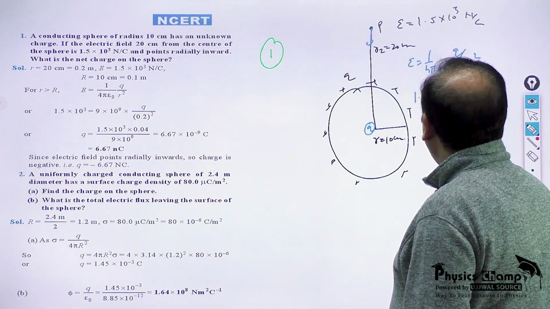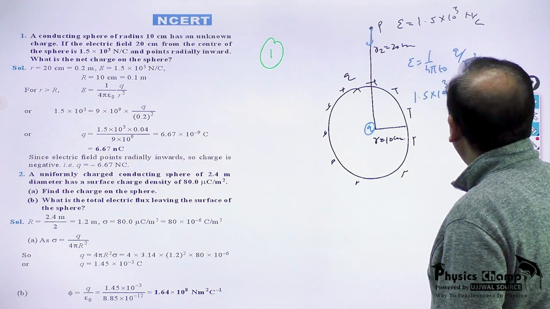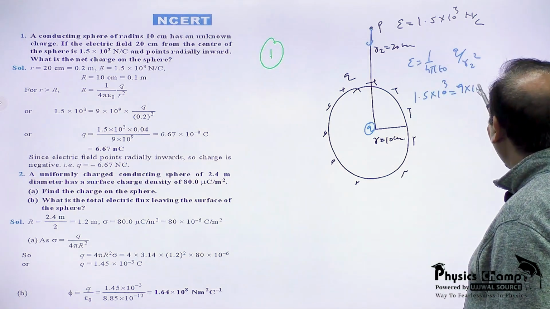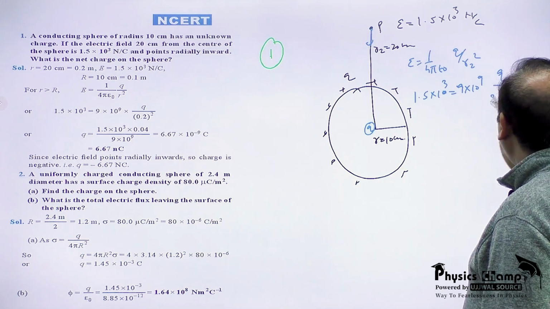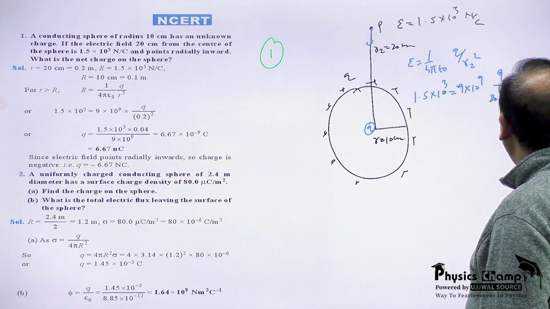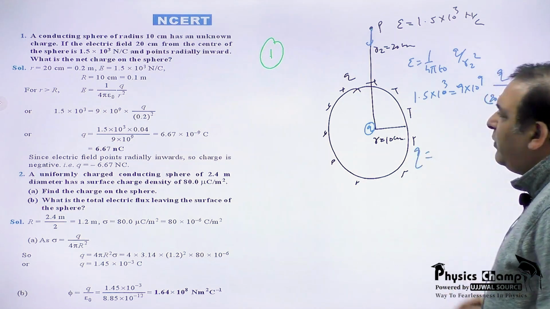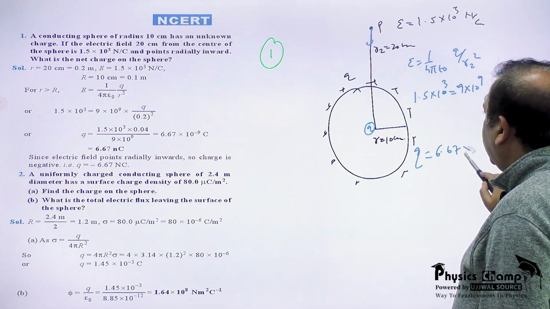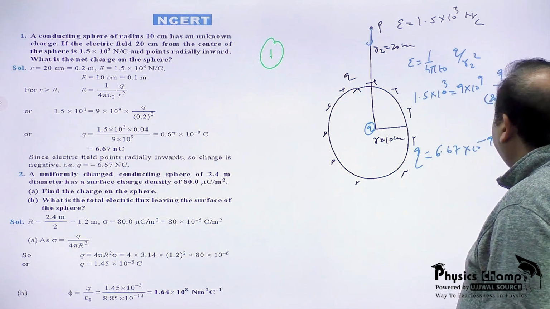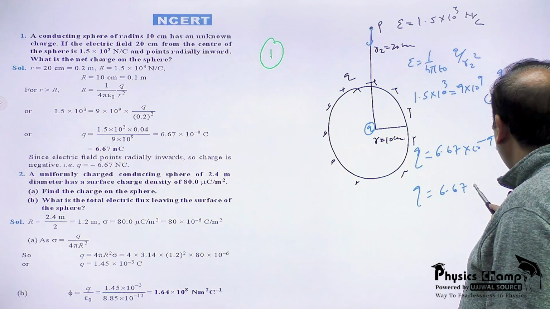Electric field has a value 1.5 into 10 to the power 3. 1 by 4 pi epsilon naught will be 9 into 10 to the power 9. Charge we wanted to know, and radius is 20 centimeter. So finally we find the charge, which is 6.67 into 10 to the power minus 9 Coulomb, or 6.67 nanocoulomb.